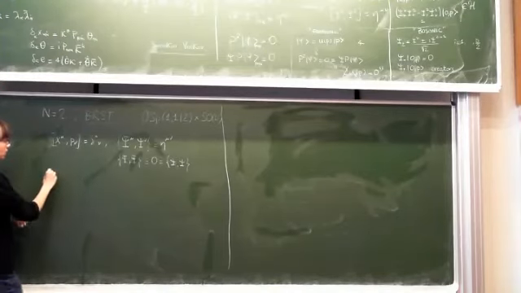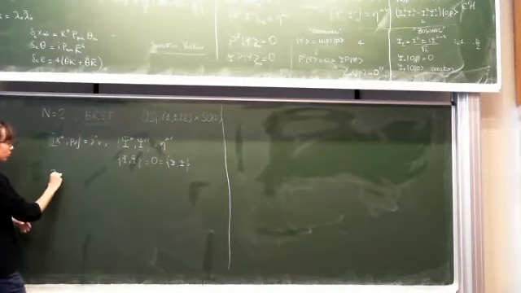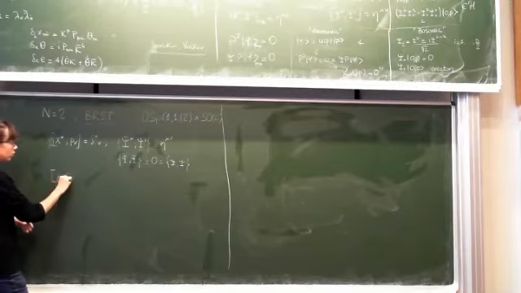Then for BRST, you need ghosts. A pair of ghosts is, for example, the following.